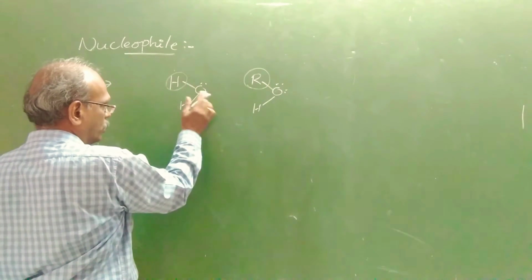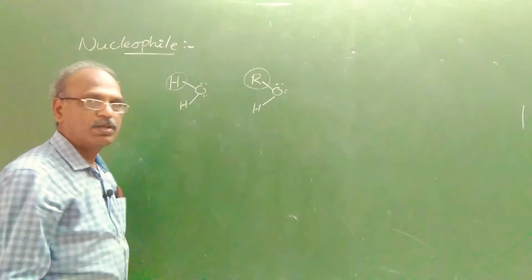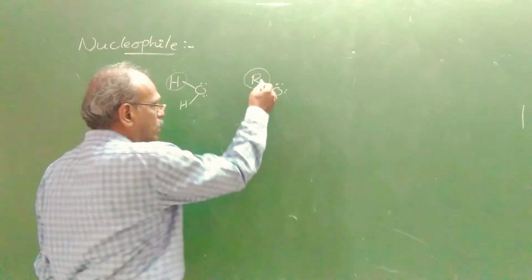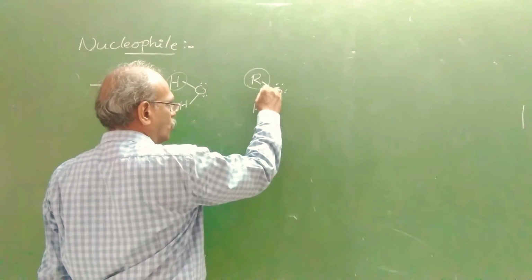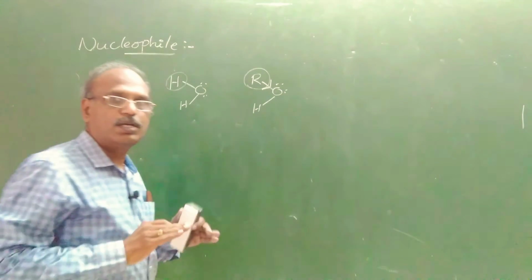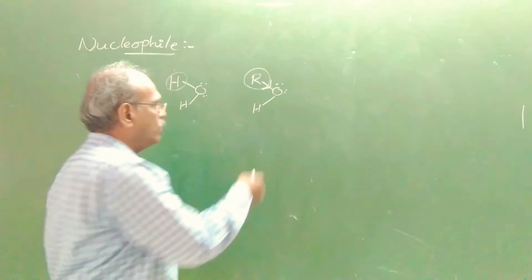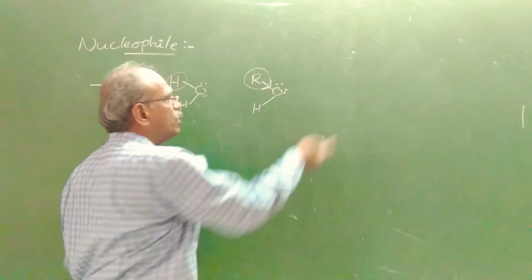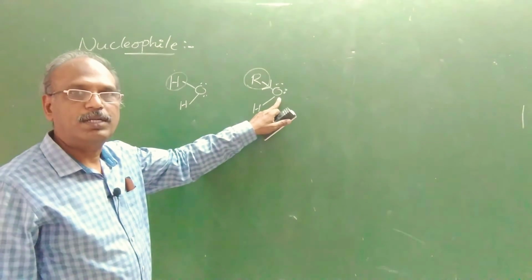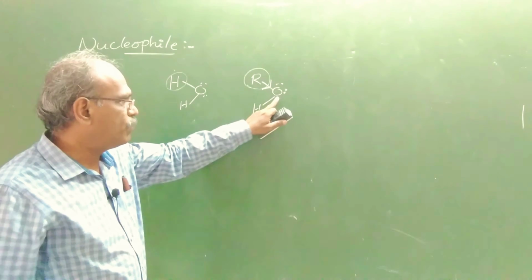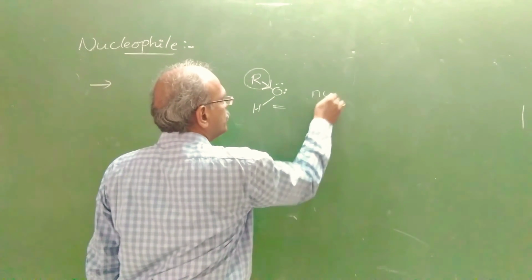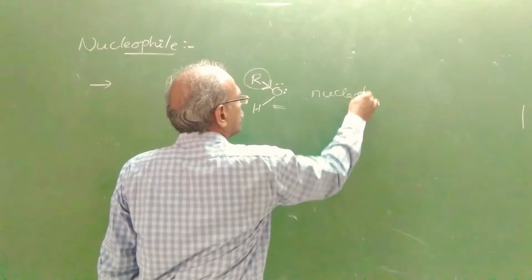Here, comparatively, this is hydrogen. The difference in the nature of alkyl and hydrogen is that alkyl is an electron donating group. So this group increases the donating nature of this oxygen atom. So if the donating nature increases, what does it mean? Its nucleophilicity increases.